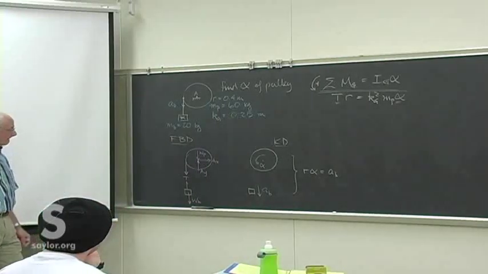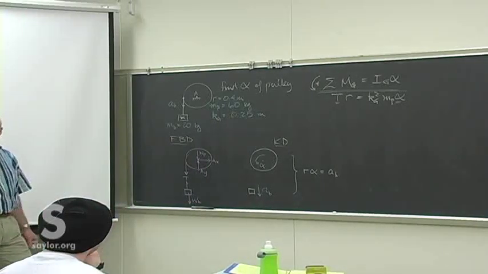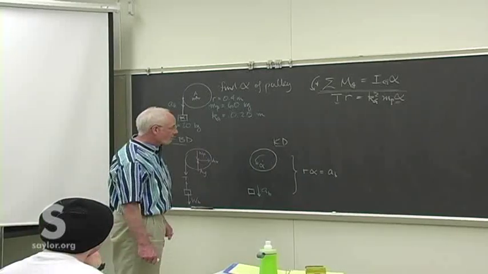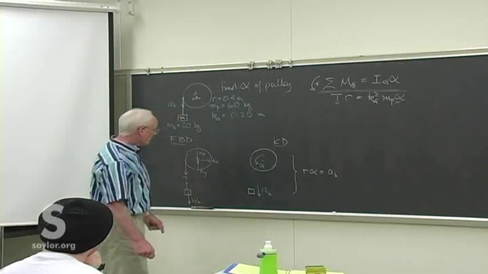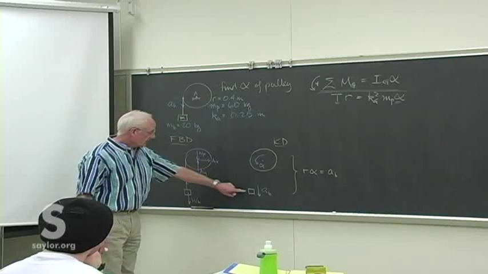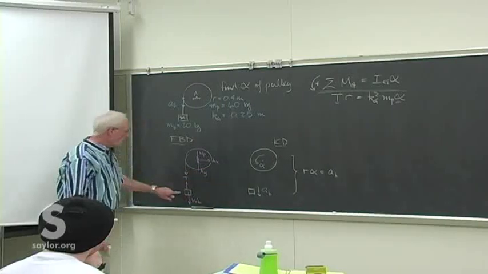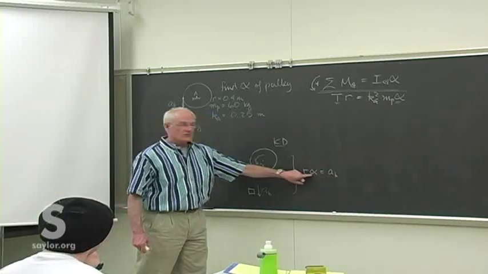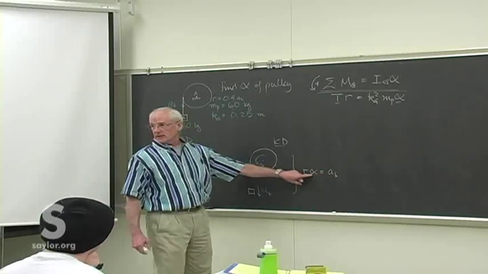Just use the one you have there. R alpha is equal to a_B, where W_B is the mass of the block times acceleration of gravity. Well, if we sum the forces on the block, it'll give us that acceleration, but that acceleration we know to be directly related to alpha.